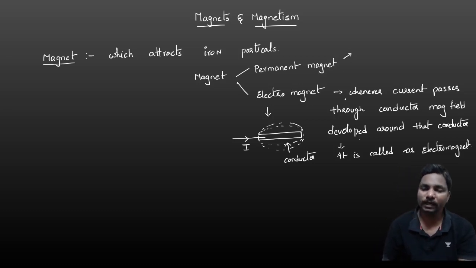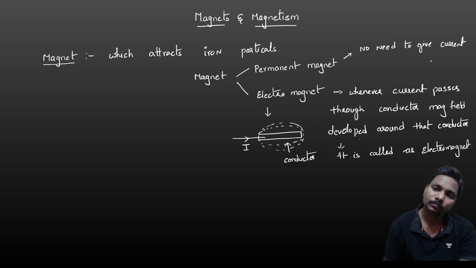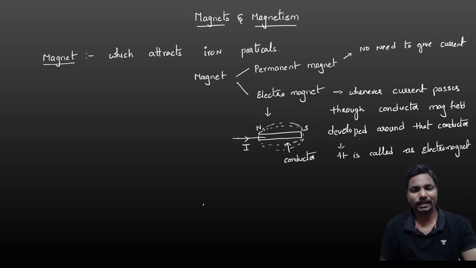For this, there is no need to give any current. Magnets always have poles. Those poles always exist in pairs, meaning multiples of 2, 4, 6, 8 like that. A single pole may not exist. So let us take a bar magnet and understand each and every point.